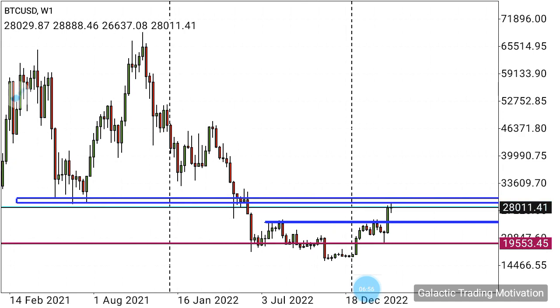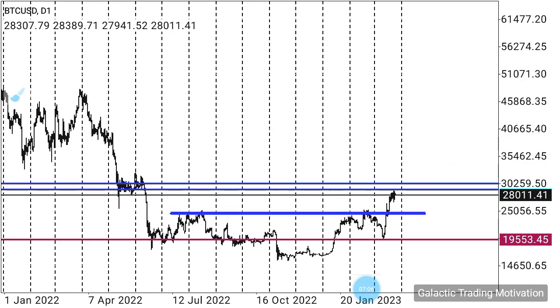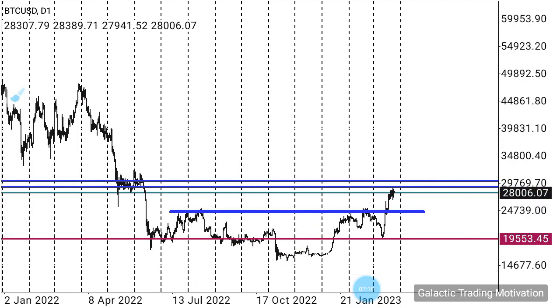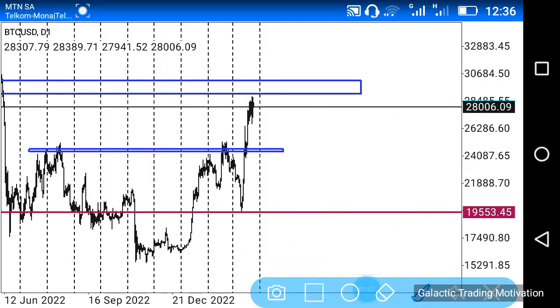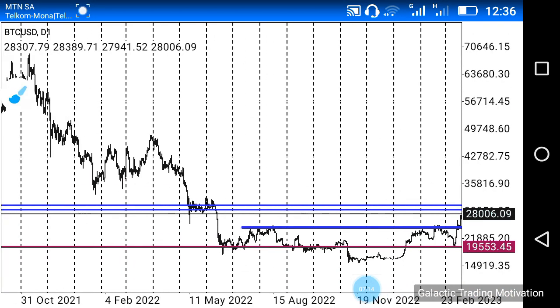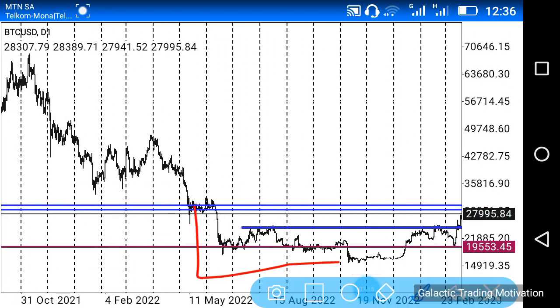Anyway, what else do we see, guys, in regards to the weekly chart of Bitcoin? At this point, I don't see much, so what I'm going to do now is head down to the daily chart. Let's have a look. Here we are on the daily chart. In regards to the daily chart, guys, we can see that we had this level over here, right? And it's a level where price had been moving sideways for quite some time.